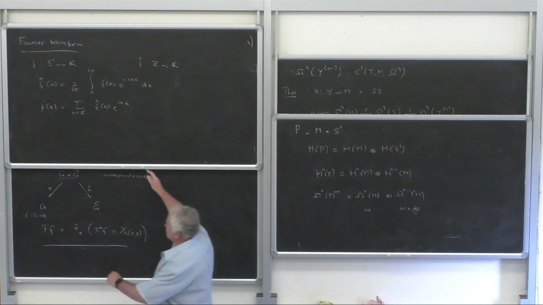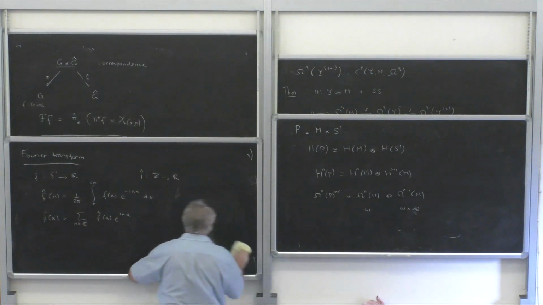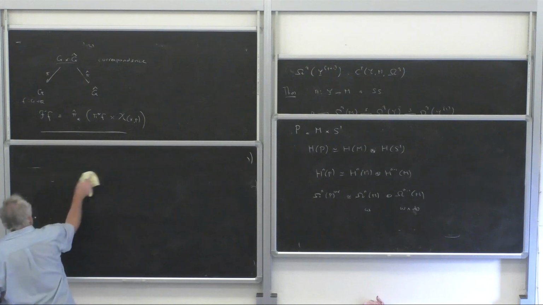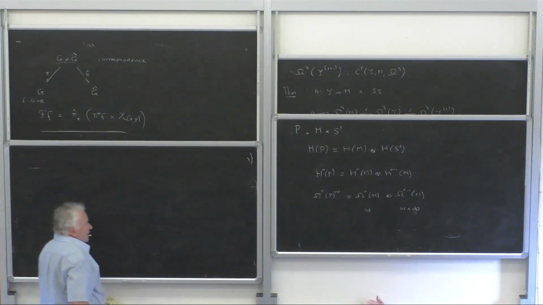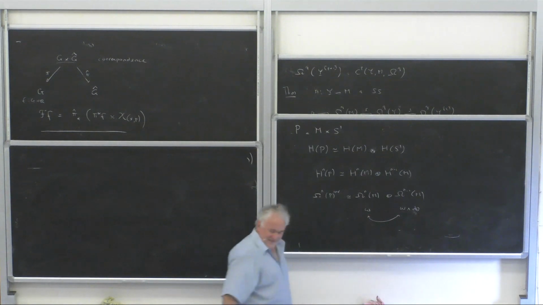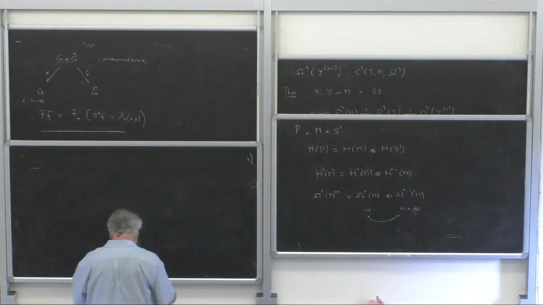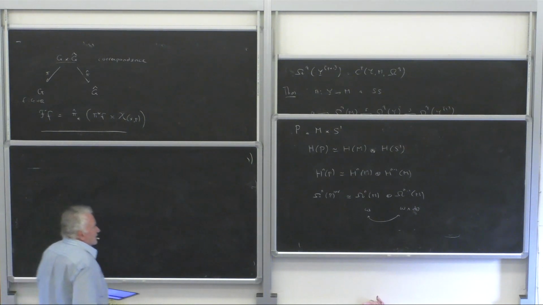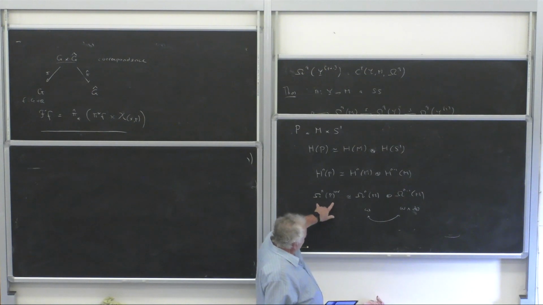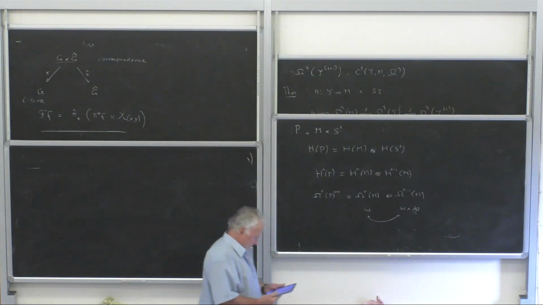So now I'm going to write down what T-duality is in this context. T-duality in this context is just interchanging these two. So it's a very simple thing. It's just interchanging the n forms with the n minus 1 forms.